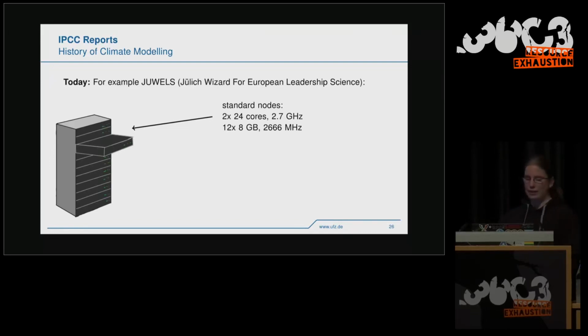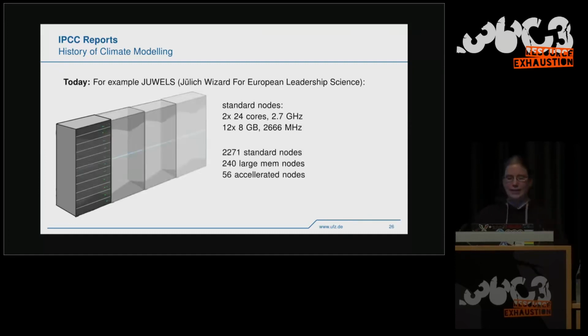And it's hyper-threaded, meaning you can actually run 96 threads or processes on one of these nodes. And these nodes have 12 times 8 gigabyte of RAM, memory. And that's not quite much if you want to run a climate model, but I will come to that a little later. And in fact, in case of JULES, you have like 3 rows of 5 of these cupboards or something.